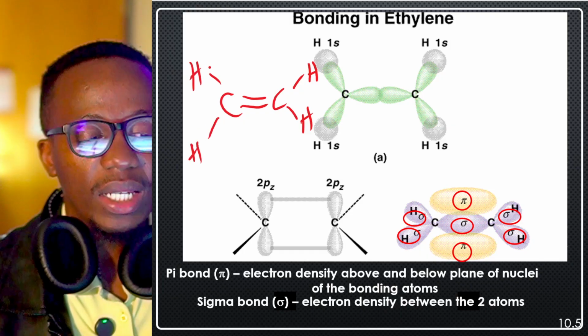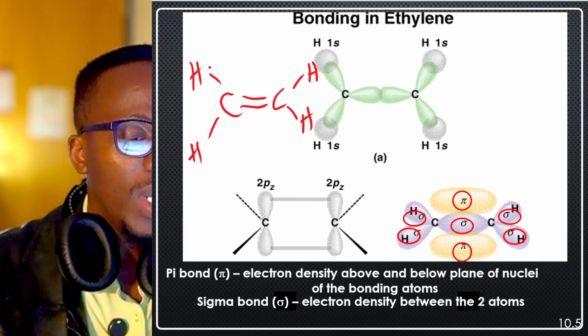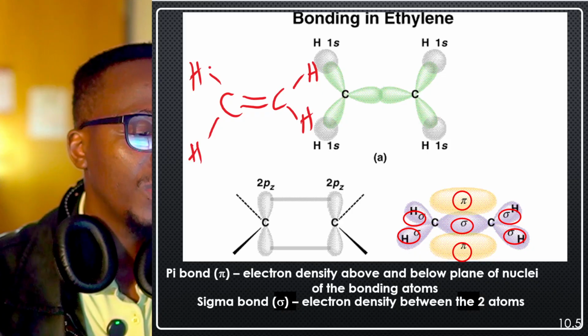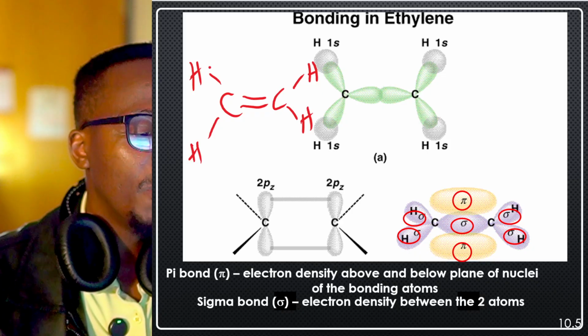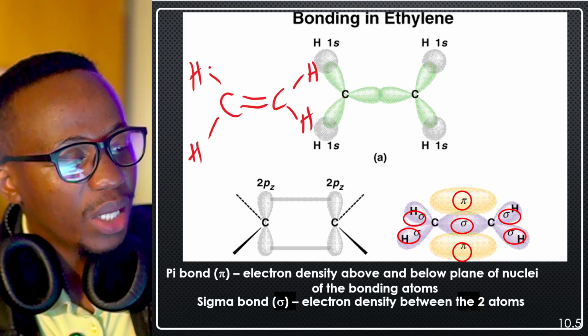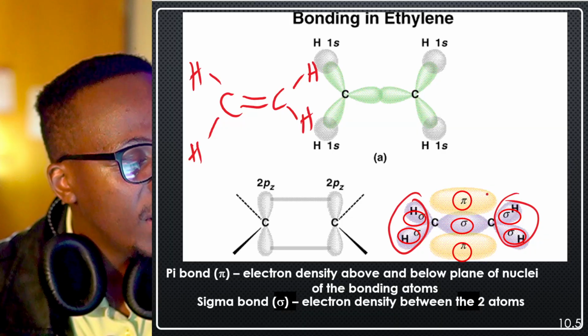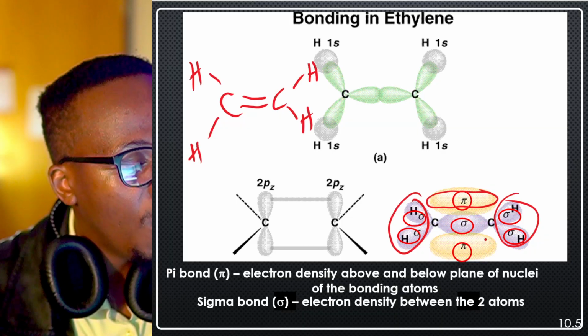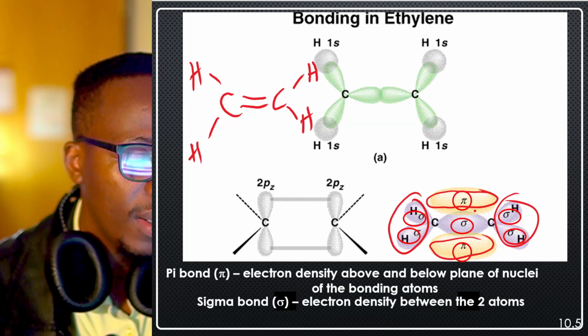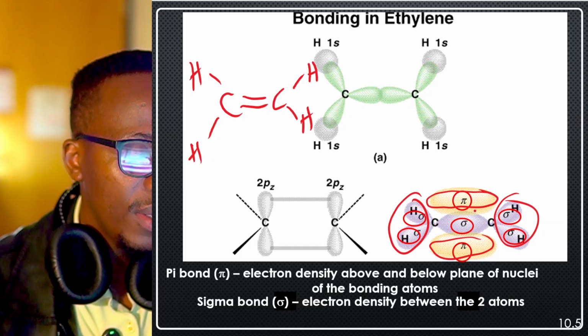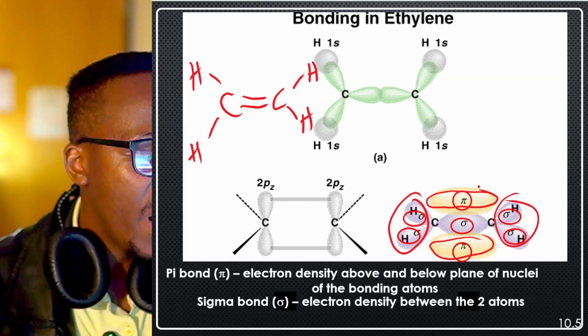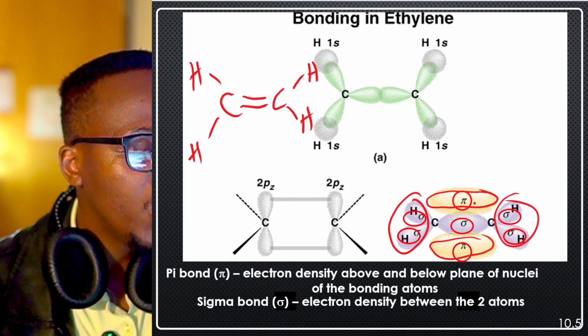What ends up happening is you get different types of bonds, right? So you have the normal regular bonds, like hydrogen and carbons, but then you have another bond that overlaps here, right? So the electrons above and below the bonding atoms also connect.